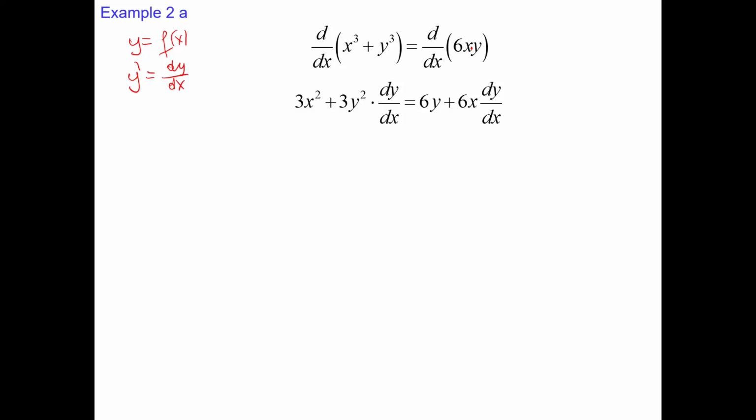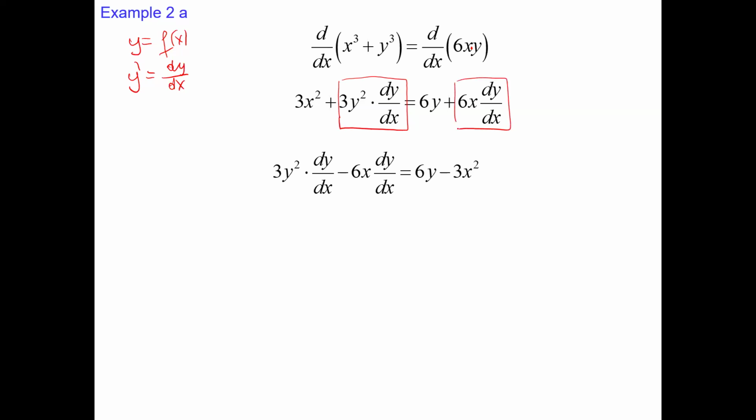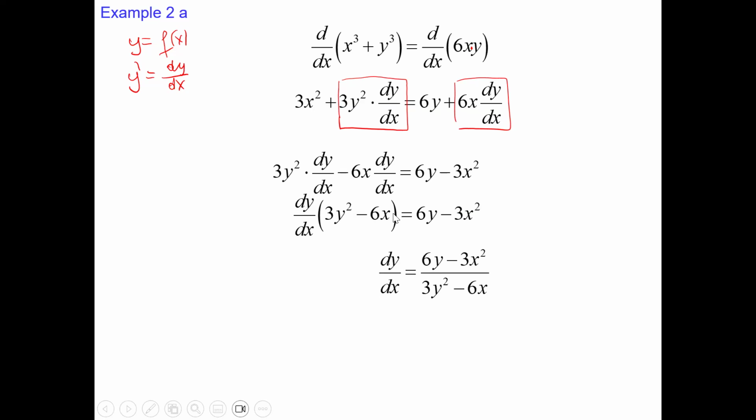And now let's solve it for dy/dx. Now it's just algebra. I will subtract, because we can see this expression and this one include dy/dx. We have to isolate them on the left-hand side, and then I subtracted 3x squared. Now I factor out dy/dx, and I divide both sides by this expression.